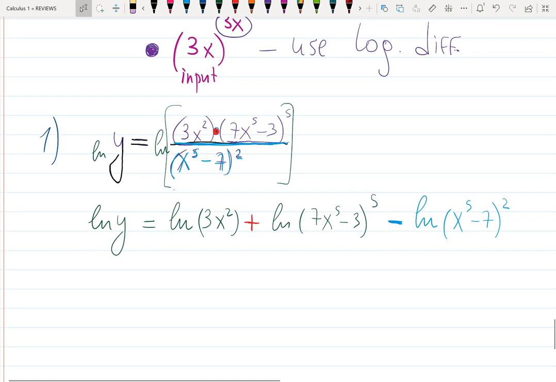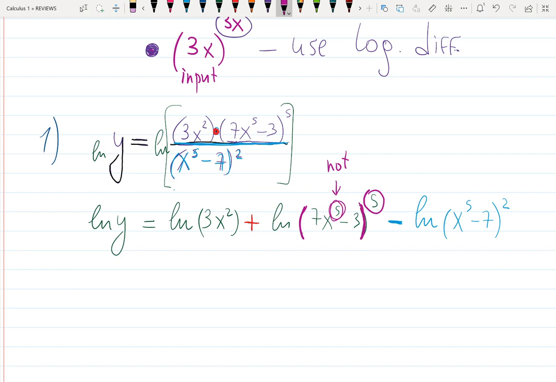If you're already comfortable with this, you can start differentiating, but it will be upsetting not to use the power rule of logs to get rid of these exponents which are outside of the parentheses, not inside. That's very important. Not inside. You cannot use this law of logs for the exponents inside with sums and differences.